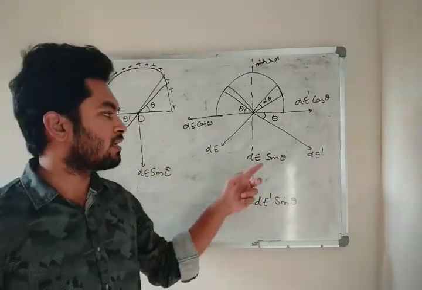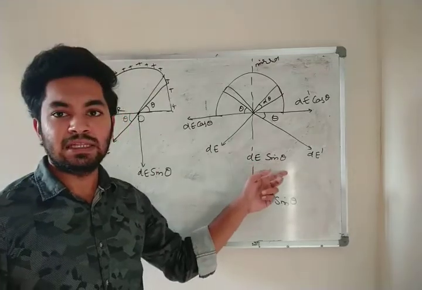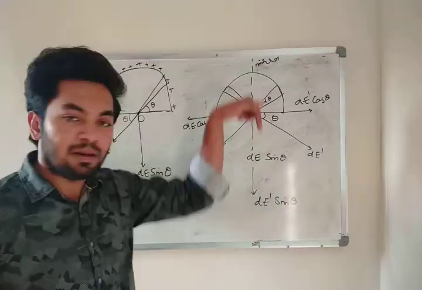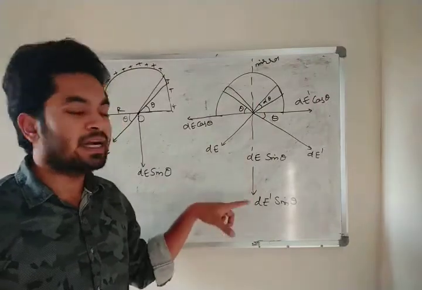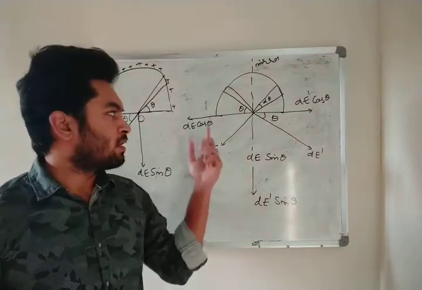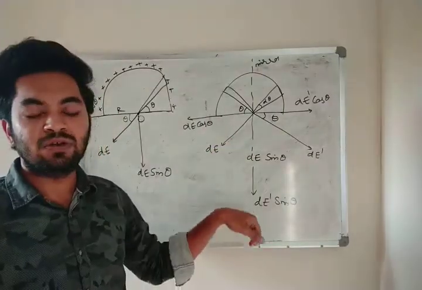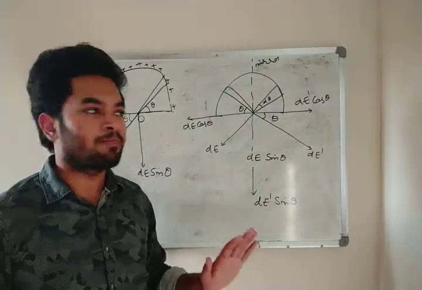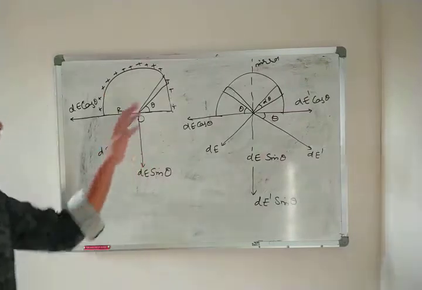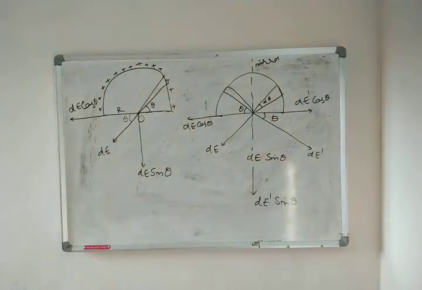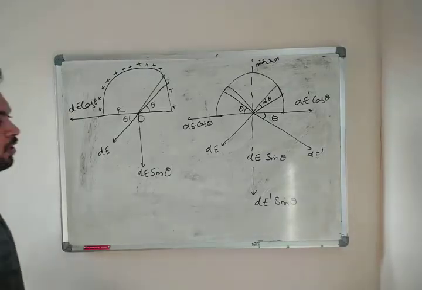Only what is left? dE sin theta and dE dash sin theta are in the same direction, so they get added up. Clear? So this is your resolution for this small element. Note it down. So what is the E net here?